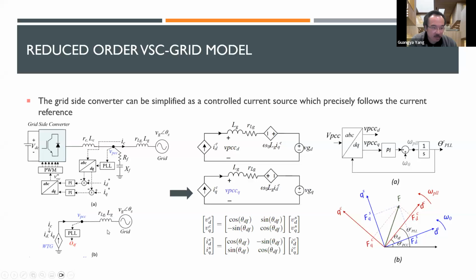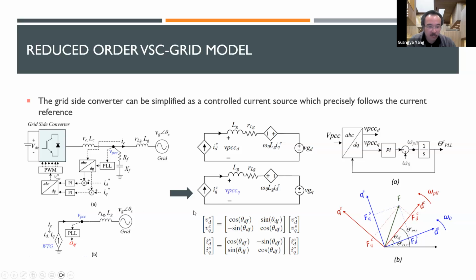When it's connected to the grid, you can have a D axis circuit and a Q axis circuit based on this simplified model. This simplified model only considers the PLL dynamics. The states only have the PLL; with a synchronous reference frame PLL, normally two states are in question: a PI controller and an integrator. So only two states in this model.